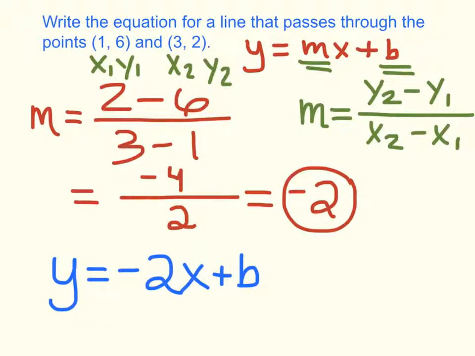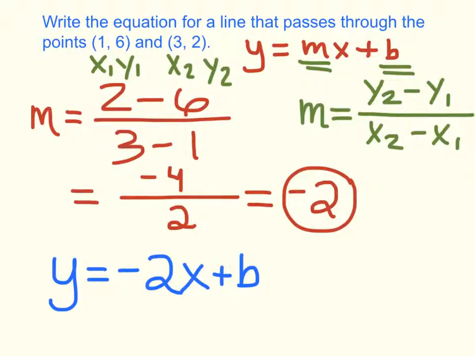Remember that the y-intercept is the y value when x is 0. If you look at our coordinate pairs that we were given, neither of these coordinate pairs have an x value of 0. So that tells us that the number 6 is not our y-intercept, and also that the number 2 is not our y-intercept.